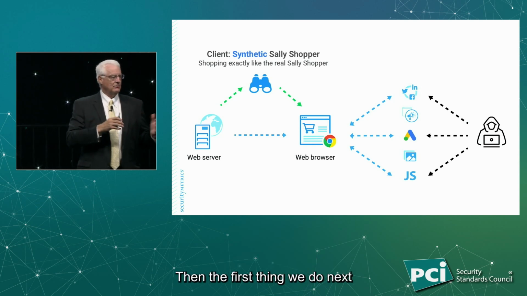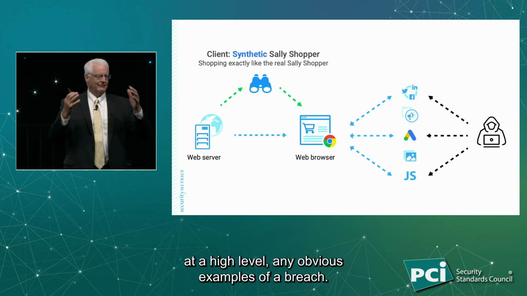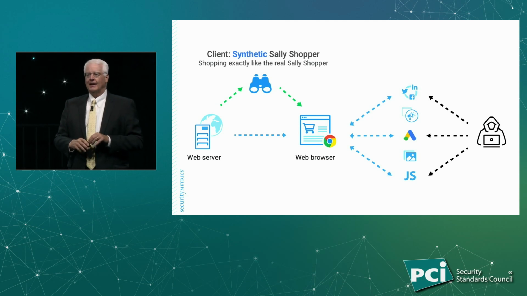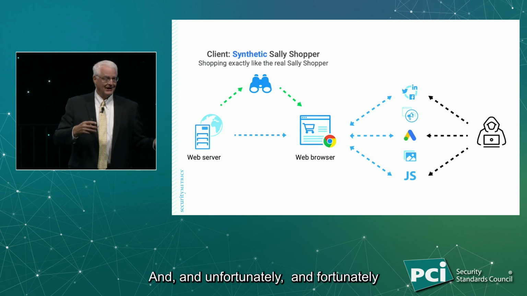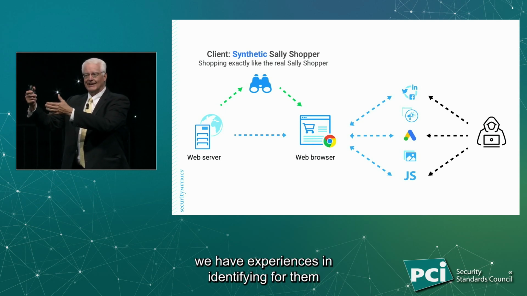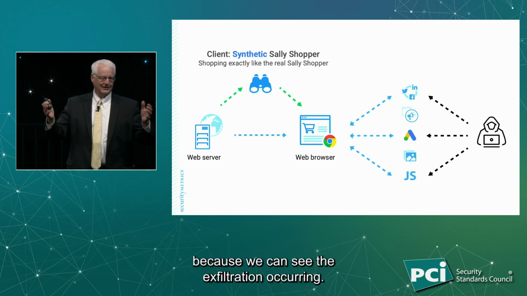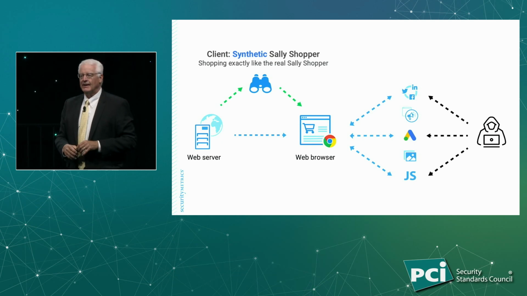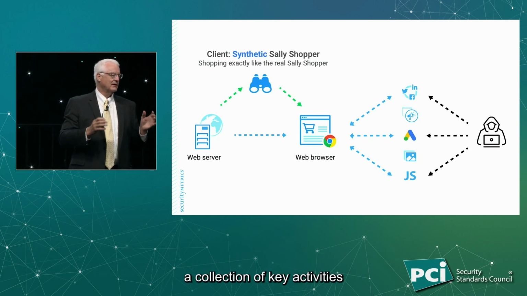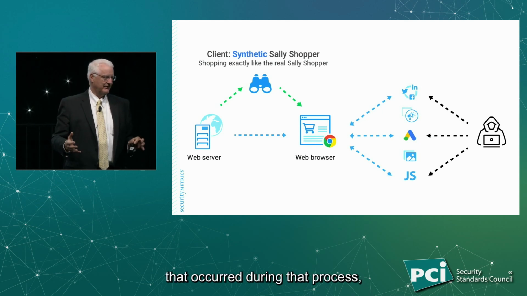Then the first thing we do with all of the data that we have is we look, at a high level, for any obvious examples of a breach. And unfortunately, in setting people up for Shopping Cart Monitor, we have experiences in identifying for them that they have already been breached, because we can see the exfiltration occurring. Then we go through what we have and pick a collection of key activities that occurred during that process.